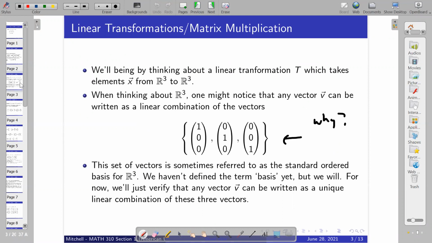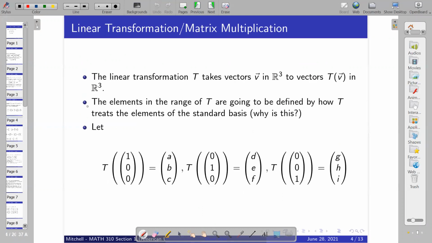We verified that the vector V can be written at least as a linear combination. Uniqueness, I'm not going to bother with right now. So what does this mean? The linear transformation T takes vectors in R3 to vectors T of V in R3, right? It's a function. The input is a vector in R3. You're writing the output just formally as T of V.